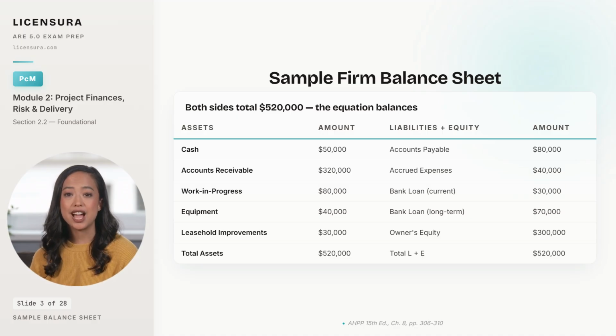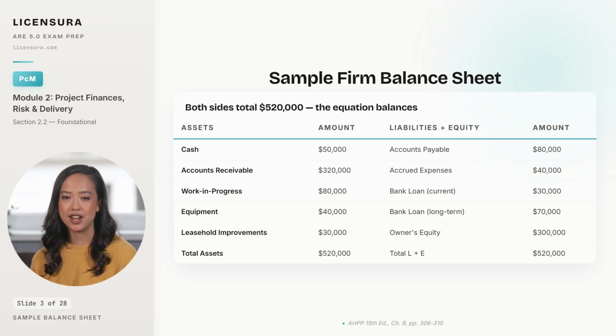On the right, liabilities and equity also total $520,000 because the equation always balances. $80,000 is owed to consultants and vendors in the next month or two as accounts payable. $40,000 is accrued for payroll and other obligations that have built up but not yet been paid, and the bank loan is split. $30,000 in the current portion due within a year and $70,000 in the long-term portion.